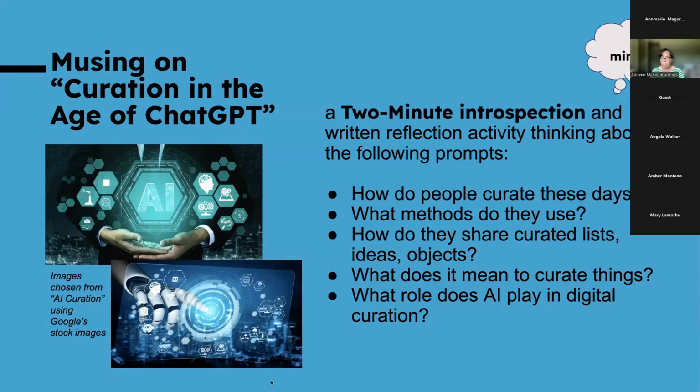We're going to do a 2-minute written reflection activity thinking about the following prompts. How do people curate? What methods do they use? How do they share curated lists or ideas or objects? What does it mean to curate things? So you're putting your thinking cap on. And what role does AI play in digital curation these days? Because I think that might be really useful for you.